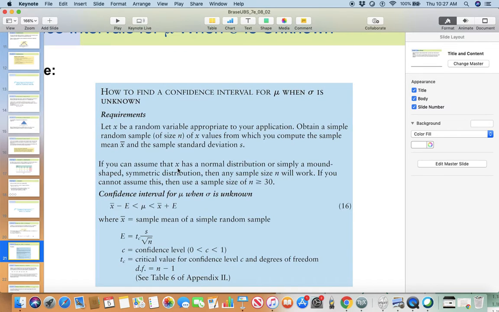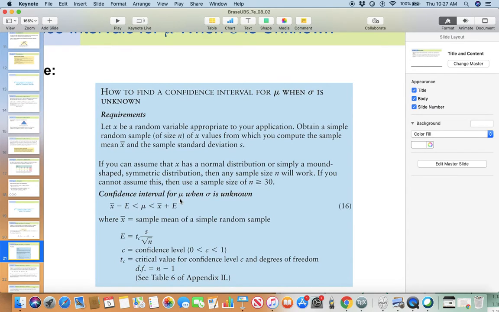If you can assume that x has a normal distribution, or simply a mound-shaped symmetric distribution, then any sample size n will work. If you cannot assume this, then use a sample size of n greater than or equal to 30.